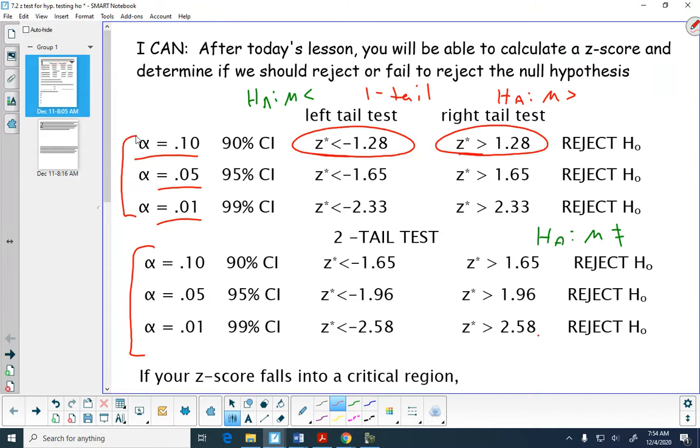So these table values are also on your t-table, and you're going to use your t-table to pull off these critical values. Once again, knowing if it's a one-tail or two-tail test will allow us to determine the critical values with an alpha value.